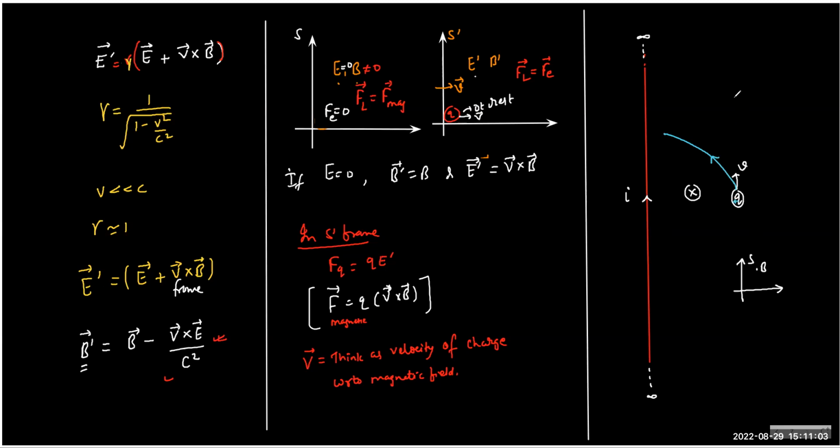So what we do is we create another frame S dash, and we believe that it is also moving with velocity V. Now in this frame, the charge particle will be at rest. Correct. So the velocity of Q with respect to S dash is 0. So technically, even though the B was present in the frame S, because the charge is at rest, there is no question of force on a charge particle due to the magnetic field.